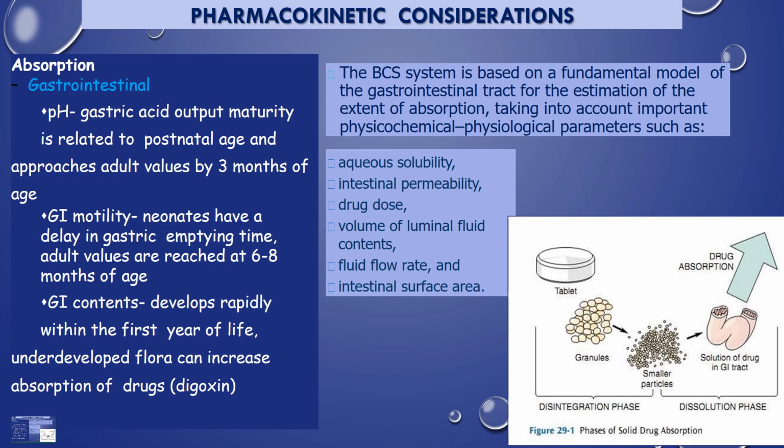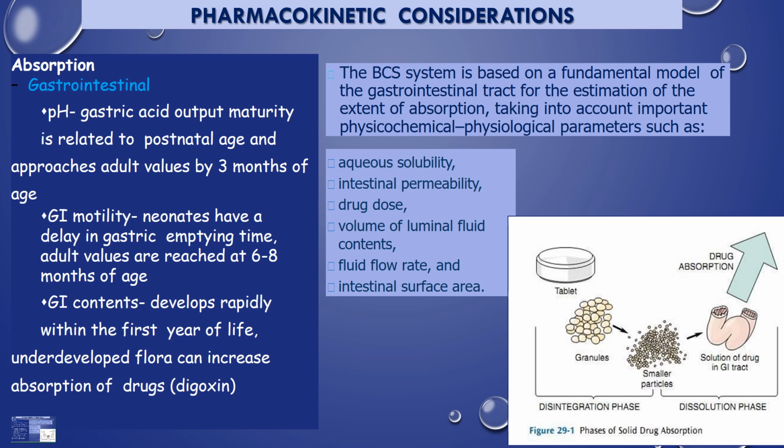Pediatric patients differ in terms of gastric pH, gastric emptying time, intestinal motility, and gastric enzymes. With the exception of a low gastric pH during the first 24 to 48 hours after birth, neonates have near neutral pH in their first 1 to 2 weeks of life. As gastric acid production begins, gastric pH slowly declines until about age 2, when it approaches adult levels of 1 to 3.1.